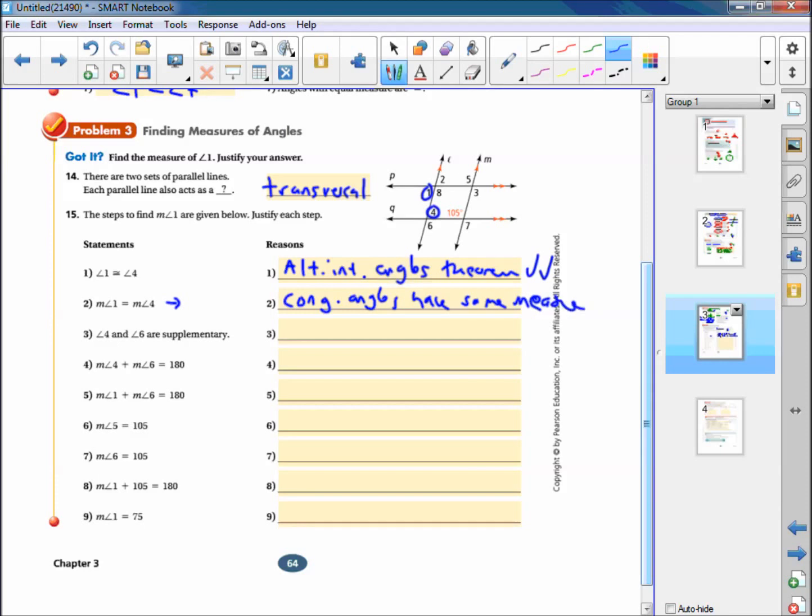Angle 4 and angle 6 are supplementary. So angle 4 and 6, let's look at where they are in our picture. So there is a line, and then 4 and 6 are right next to each other on the line. So these form a linear pair. So this is our linear pair postulate, which just says linear pairs are supplementary.